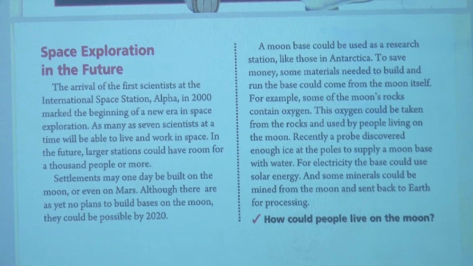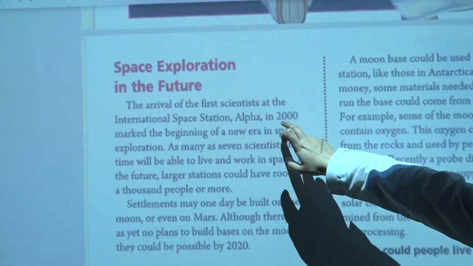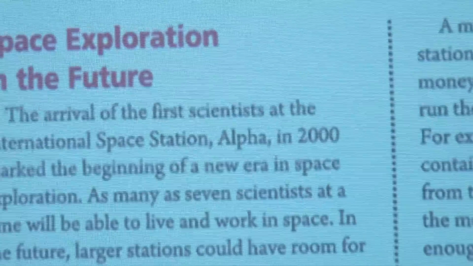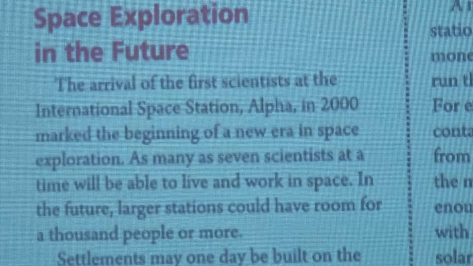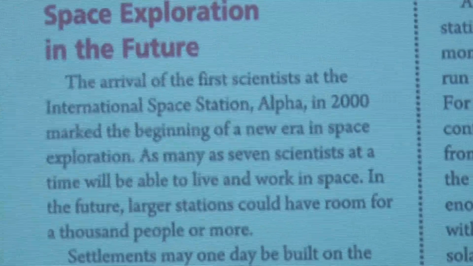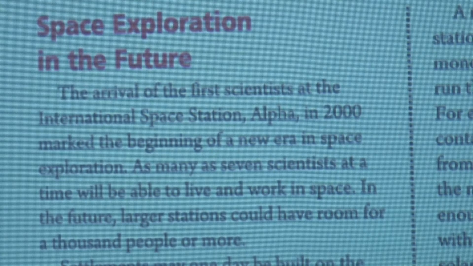When the first scientists arrived on the moon, it was in the 2000s. It was the first stage, the first steps of a scientist. They went there, and it was the beginning of space exploration.